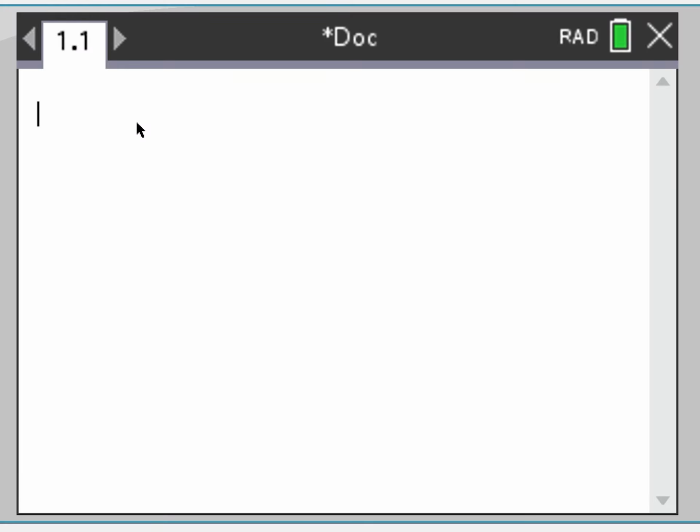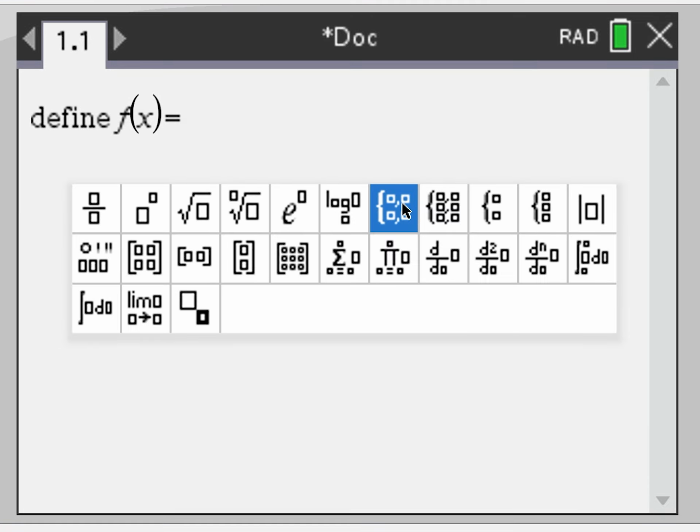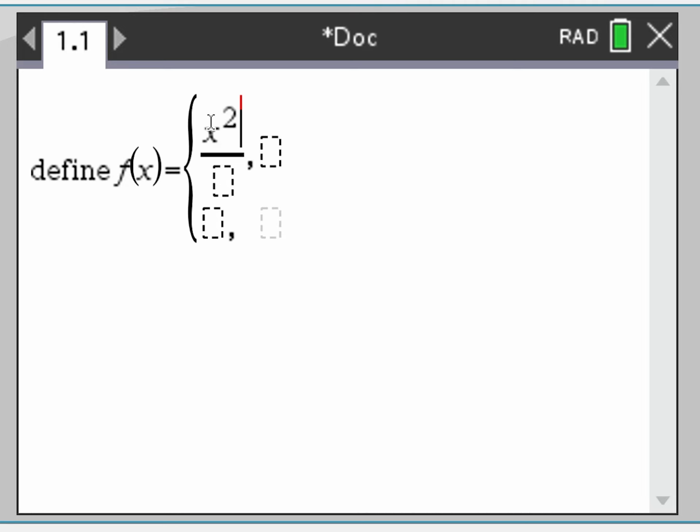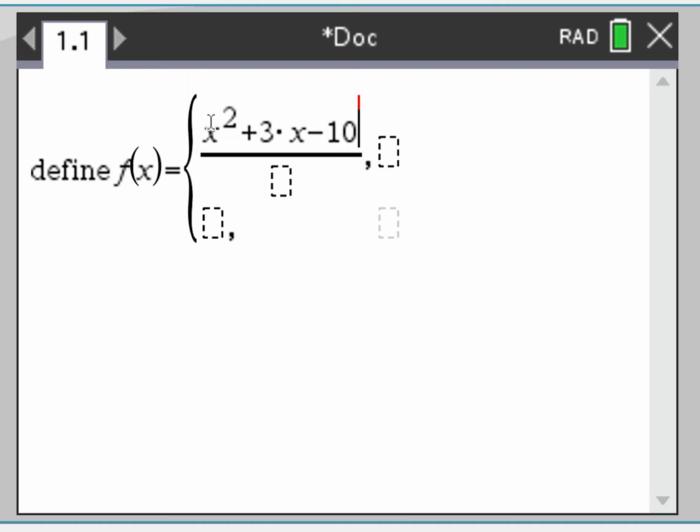So define f of x equals, we're going to go to this one right here, and we'll have x squared plus 3 times x take away 10 divided by x minus 2, and the domain is x can be anything but 2, so x can be less than 2 and x can be greater than 2, but x can't be 2.